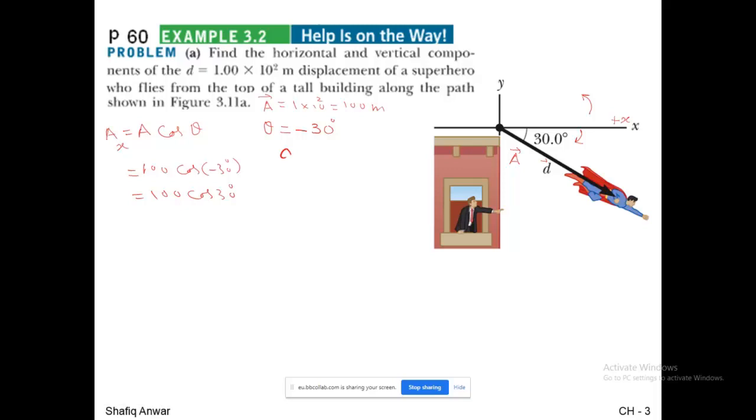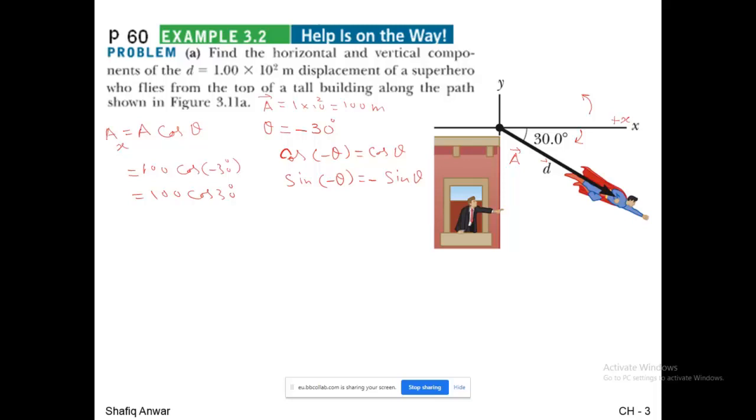Now you have another identity: cosine of minus angle is simply equal to cosine of angle, and sine of minus angle is equal to minus sine of angle, sine of theta.